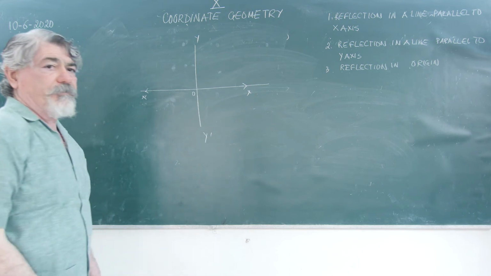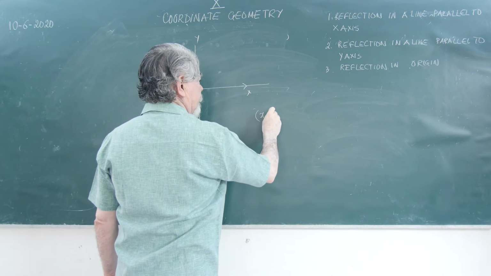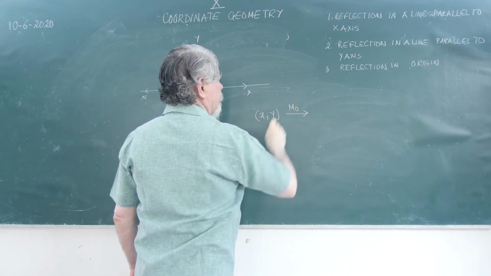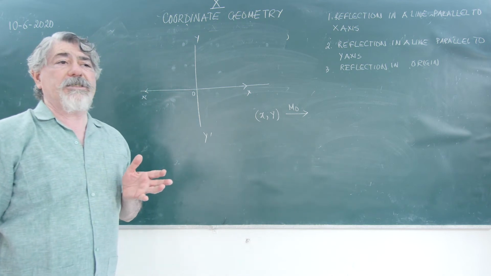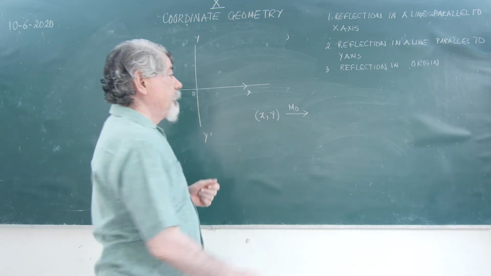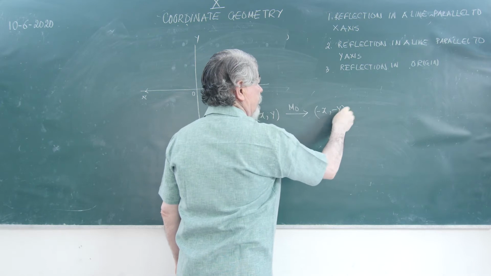Whenever we reflect a point in origin, for example xy, then both the signs of x and y will change. That means it will become minus x minus y.